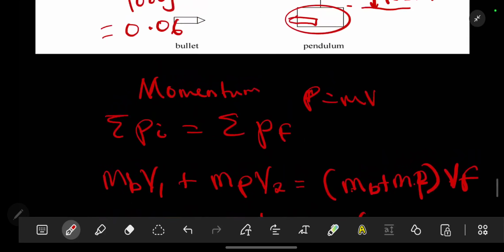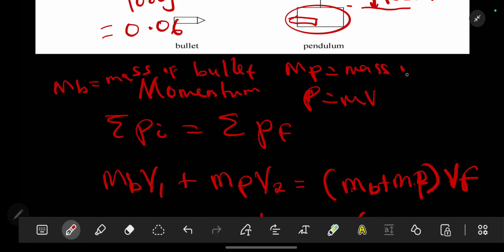So in your working you can show what MB means, mass of the bullet, then MP is the mass of the pendulum.